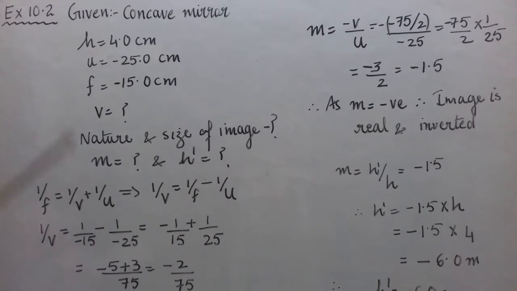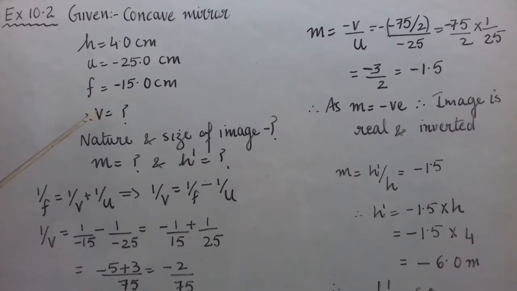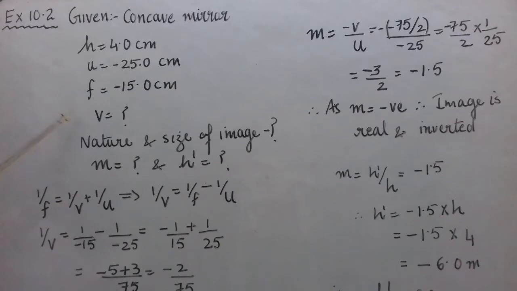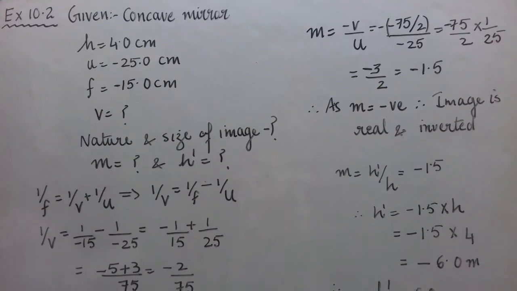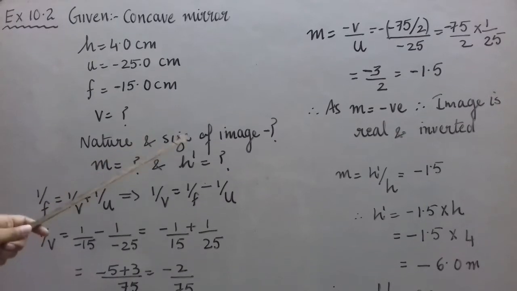So indirectly they have asked us to find the image distance, because what will be the image distance will be the same where the screen should be placed in order to get the image. And also find the nature and size. So you have to find V, you have to find nature and size of image.